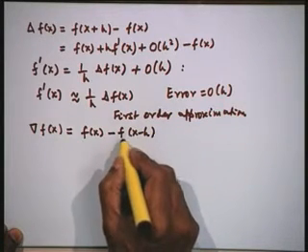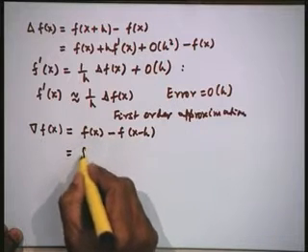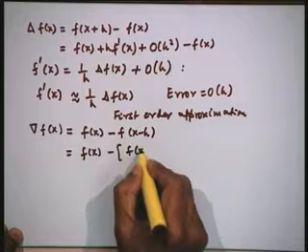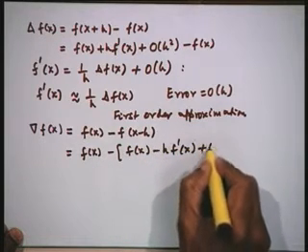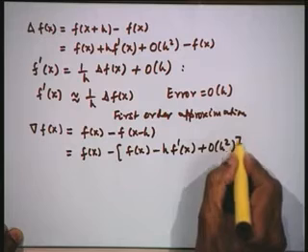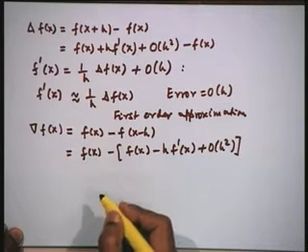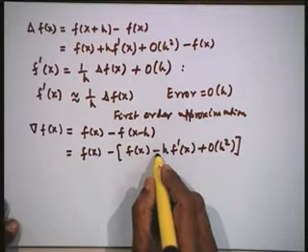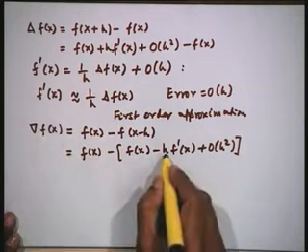This time I will open this f of x minus h in terms of Taylor series. So, I will have this as f of x minus f x minus h f dash of x plus order of h square. Now, f x cancels with f x, I have a positive sign here. So, I will take order of h square to the left and then divide by h again.